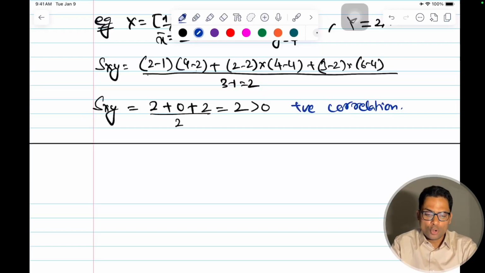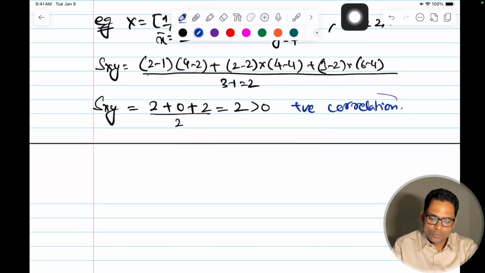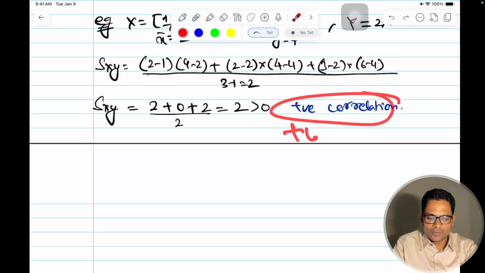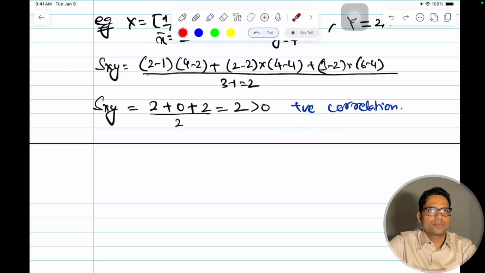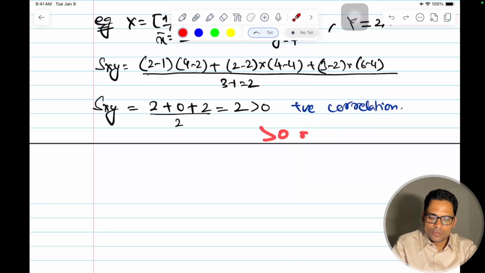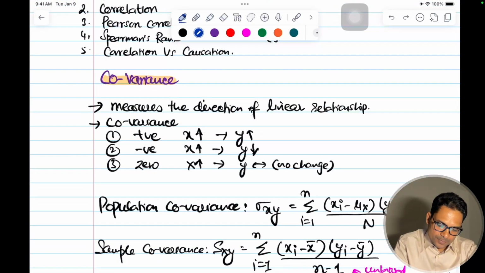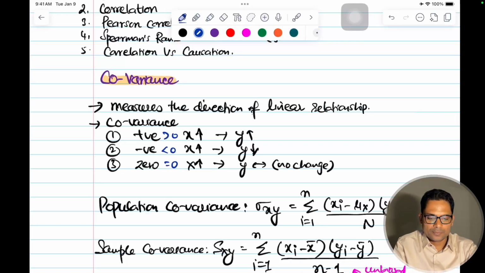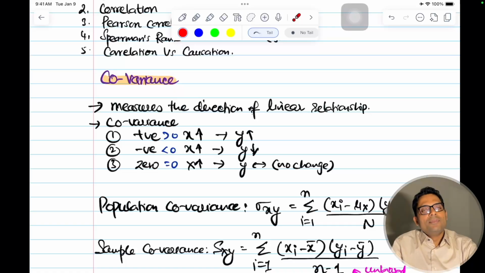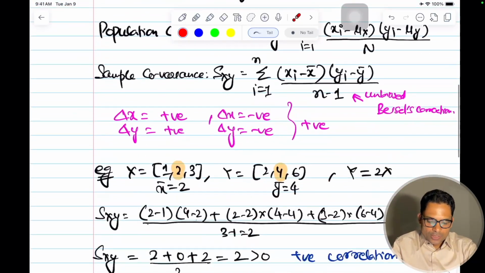But for us, only the final value matters: whether it's positive, greater than 0, equal to 0, or negative, less than 0. We only get the direction. The magnitude is not important.